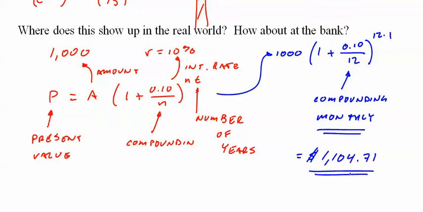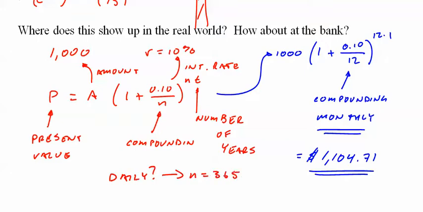If they had not calculated it monthly, you would have gotten 10%, you got $1,100. So you make $4.71 extra. Big deal, you might say. Well, it makes a pretty big deal when you're putting big money in, but what if you compounded daily? Then you'd be using n equals 365.